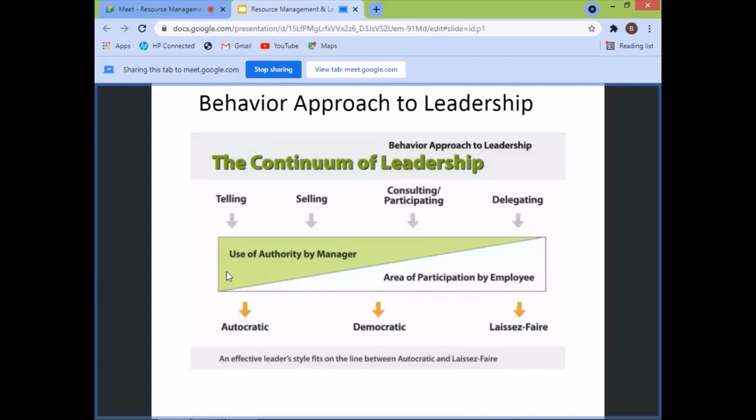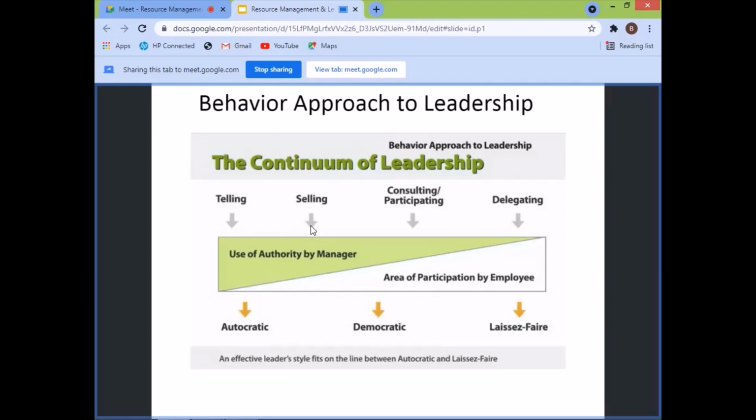You just follow whatever he tells you to do. That's telling. Then as you grow with the company, you gain experience, maybe one month on the job, a couple of months on the job. Now it's a little bit autocratic, but a little bit democratic. The leader will now use a bit of the democratic style of leadership. He will sell the idea to the employee: this is what we're going to do, what do you think? Do you have any suggestions?